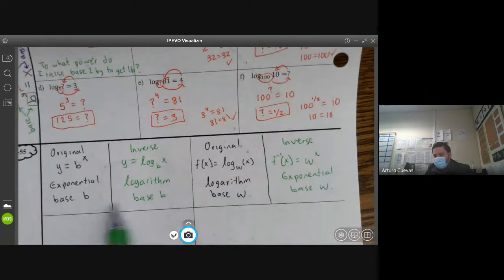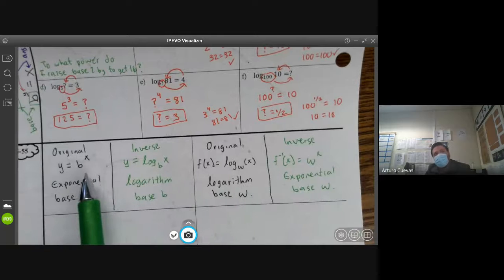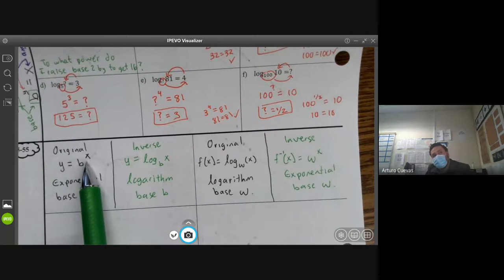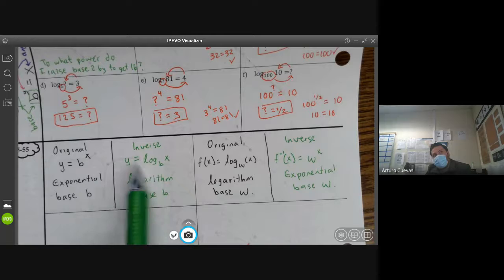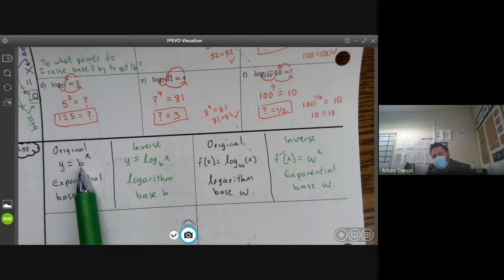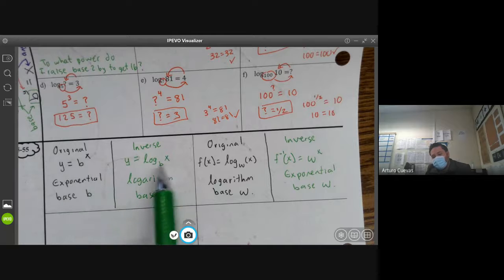So the whole point of this is to identify if an equation is exponential or logarithmic and how to find the base. The base of exponentials is right underneath the exponent. The base of logarithms is the little number on the bottom.